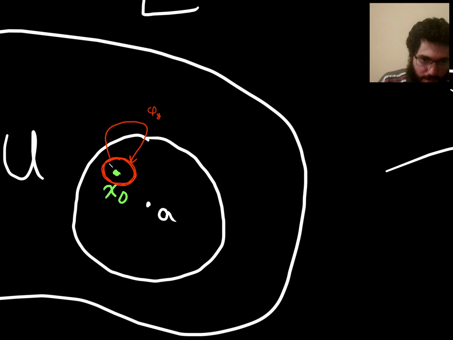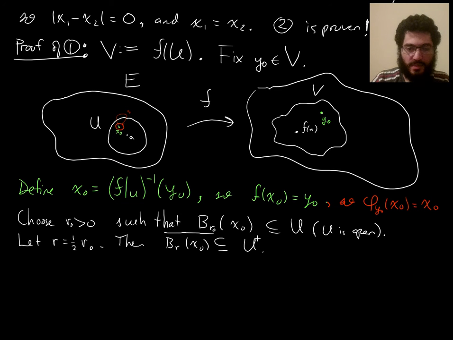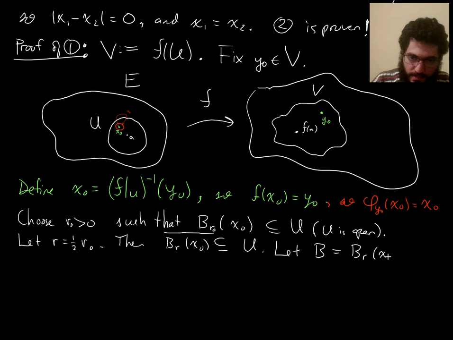This distance will be R. And let's call this set B. B will be the closure of the ball of radius R centered at x naught. So B is the disk here in red.